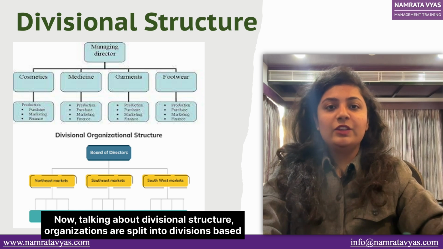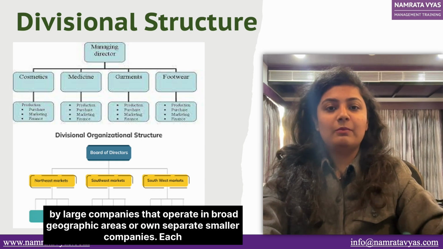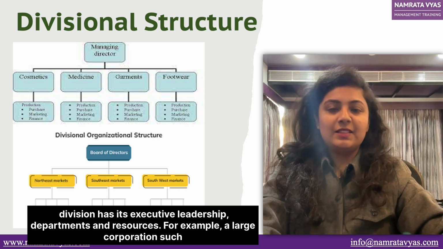Now, talking about divisional structure, organizations are split into divisions based on specific products, services, or geographies. For this reason, this structure is typically used by large companies that operate in broad geographic areas or own separate smaller companies. Each division has its own executive leadership, departments, and resources.